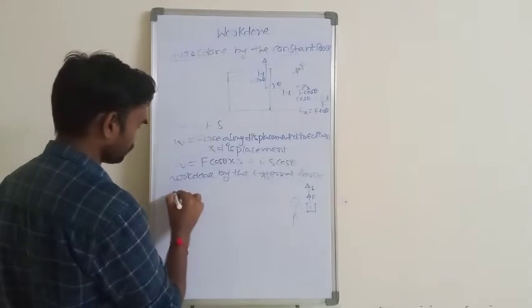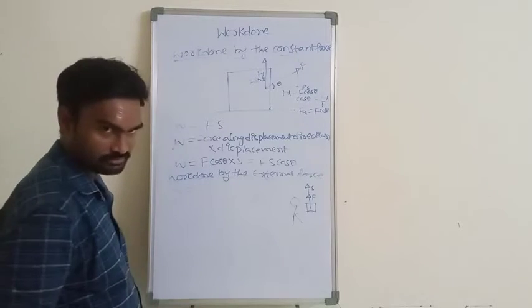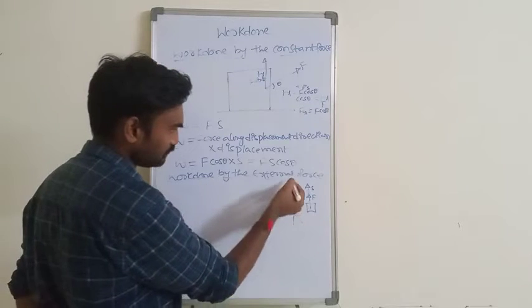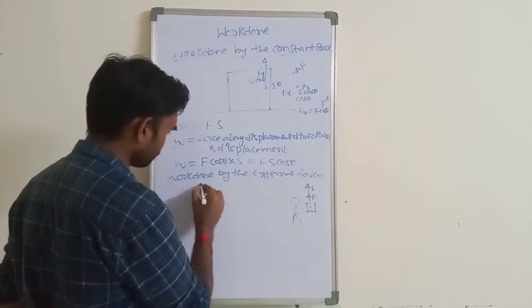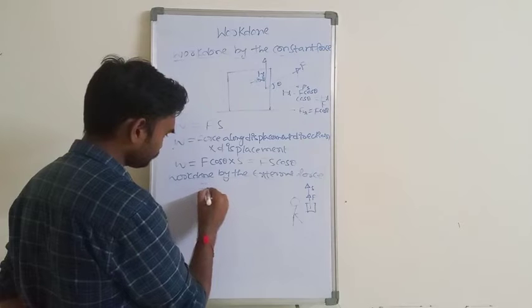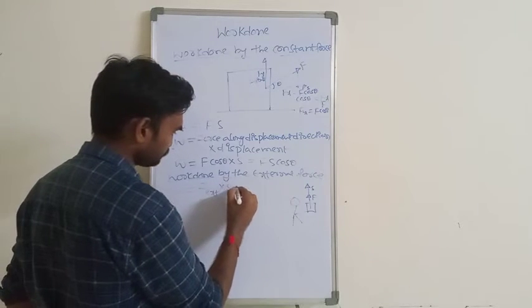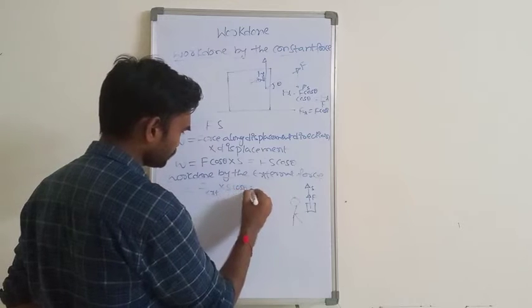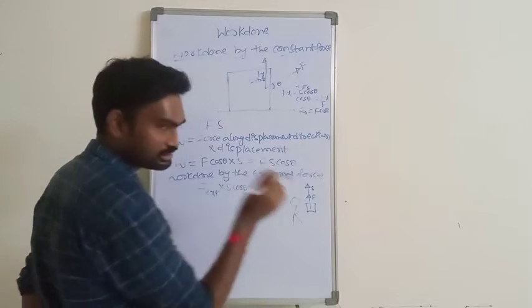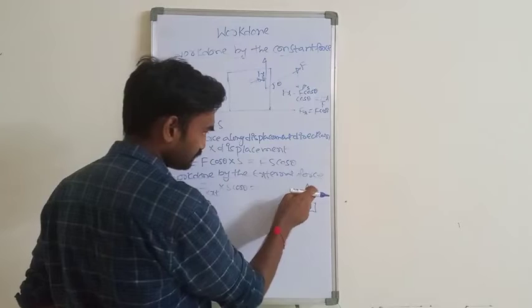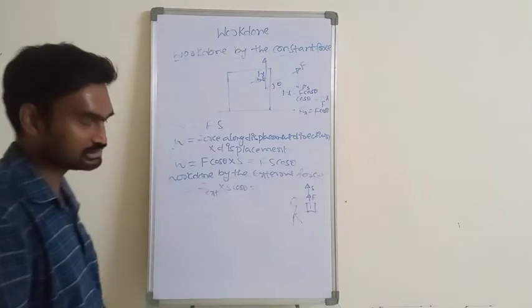We substitute into the formula: F is the external force, so work done is F external into displacement s cos theta. Here theta is 0 degrees, because the angle between displacement and force is 0 degrees.